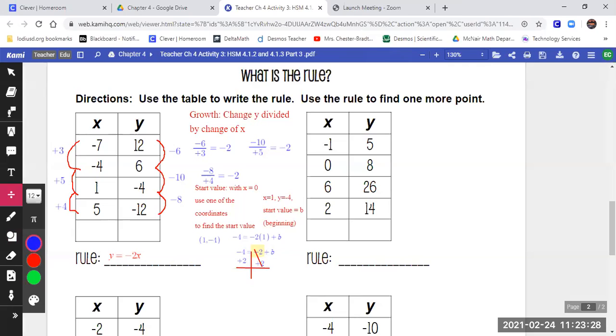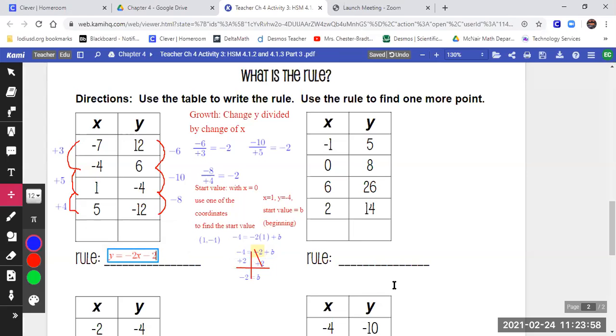So if I subtract 4 minus 2, and then keep the sign of the bigger one, what am I going to get? I'm going to get -2, exactly. So I have a -2 equaling my beginning. So my start must have been -2.